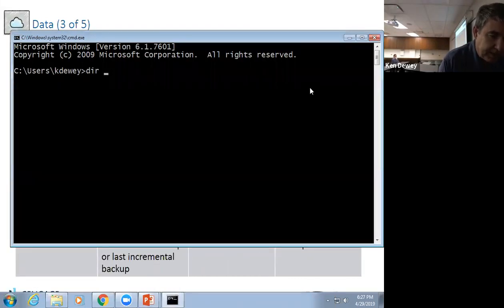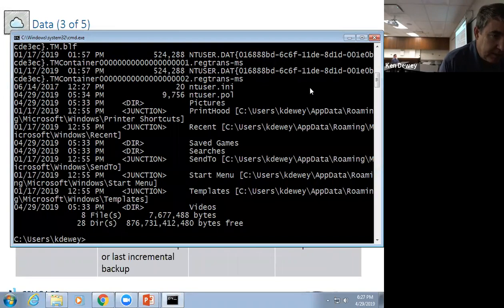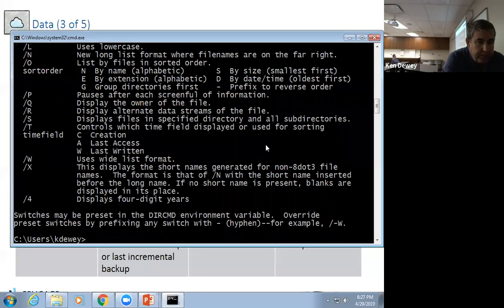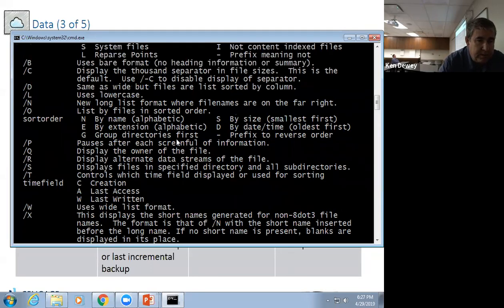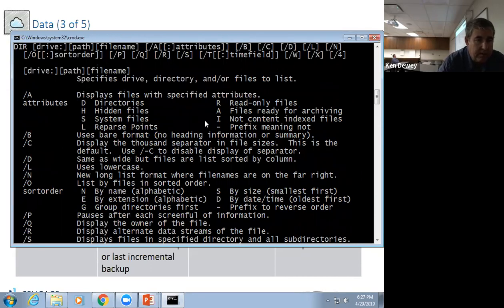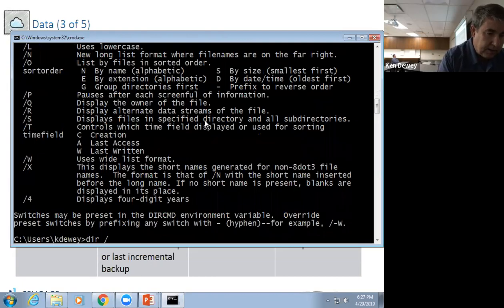What does it show all the bits? That's not it. I want to see the attributes. I can't remember how to do it. Does no one know how to show the archive bit? Someone has to know. So we know A is for archiving. Let's do it with, didn't I do the -A?